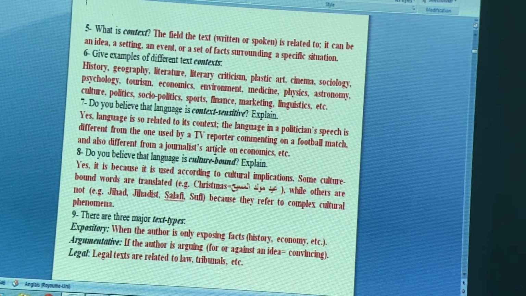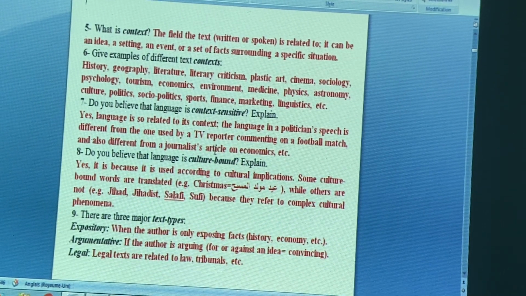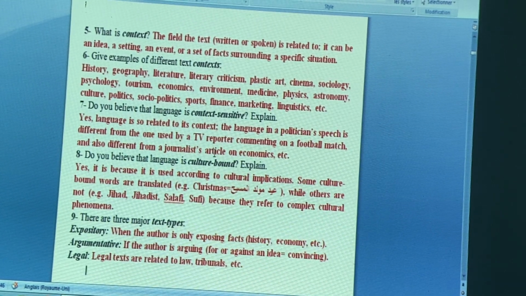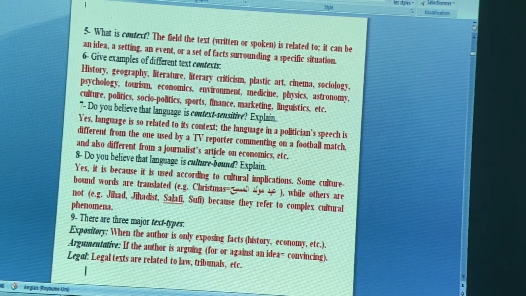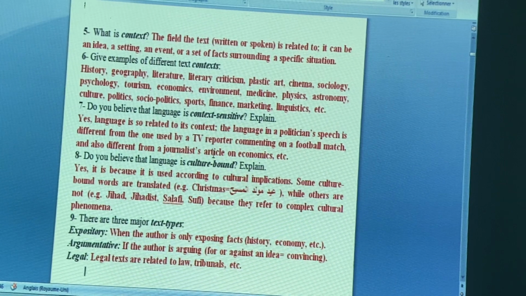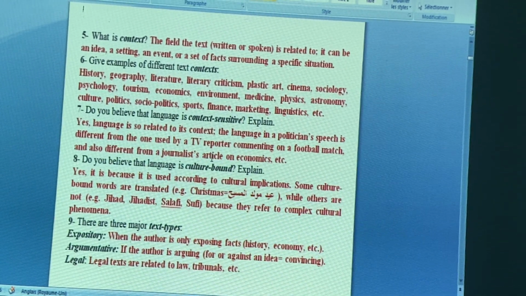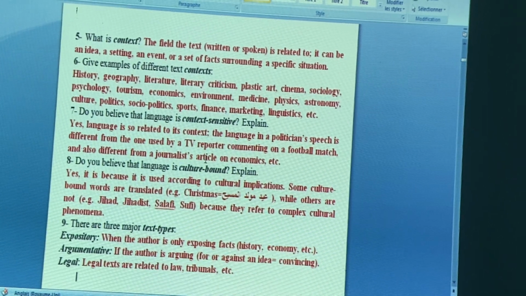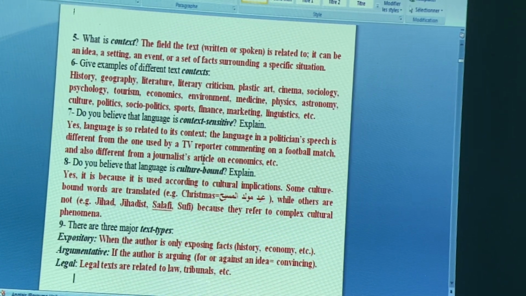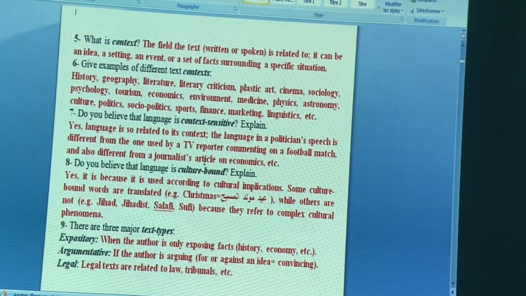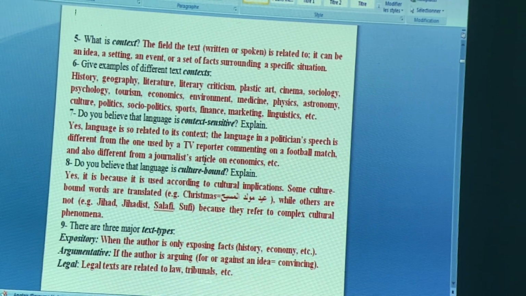We have seen many types of contexts. However, for text types, we'll be working only on 3 types of texts. The expository is when the author is only exposing facts like history, economy, etc. Or argumentative, when the author is arguing. So he has got arguments. It means he is arguing for or against an idea.